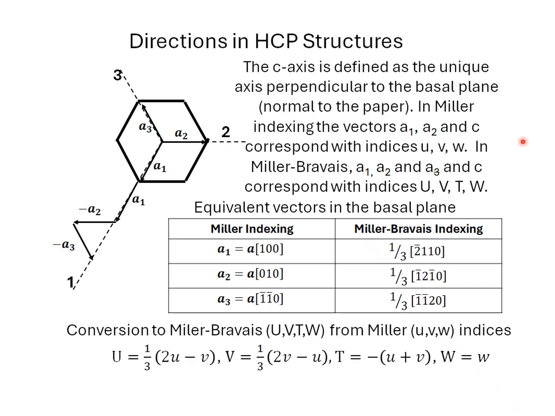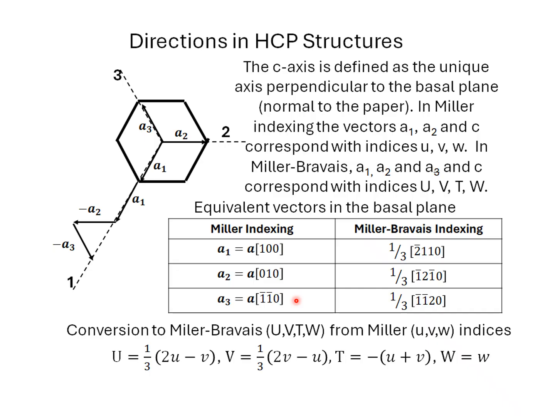So you will probably come across what's called Miller-Bravais indexing. We can work with a 3-index system, which is the Miller indexing system. Let's say we use the axes A1 and A2 and the C-axis coming out of the paper. That would be the Miller indexing system.